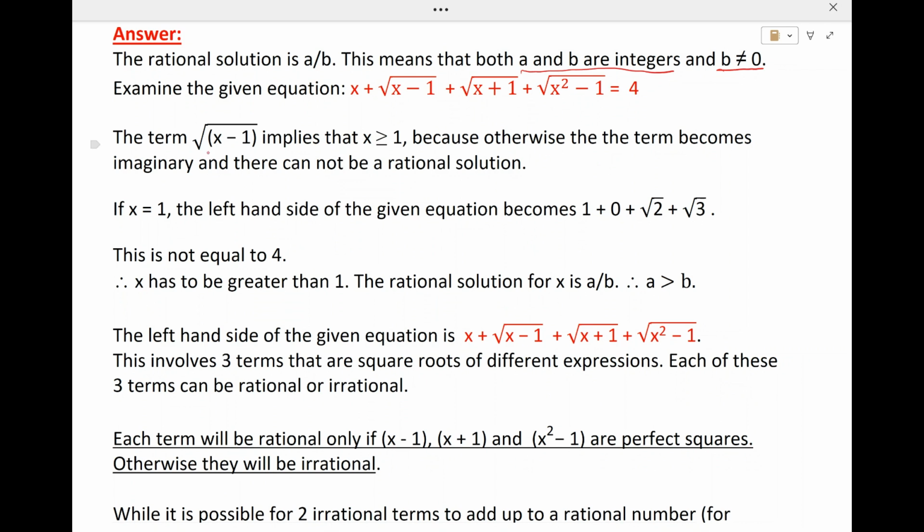The term square root of x minus 1 implies that x has to be greater than or equal to 1, because otherwise the term becomes imaginary and there cannot be a rational solution.